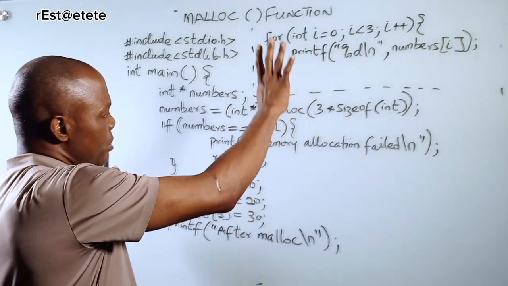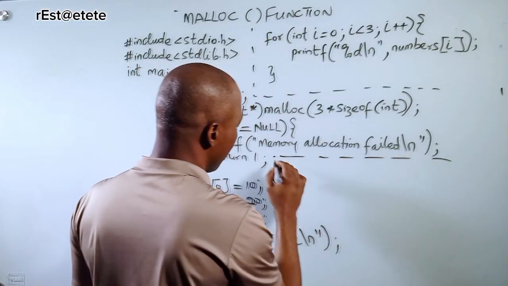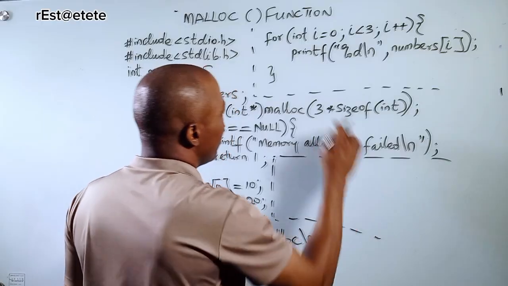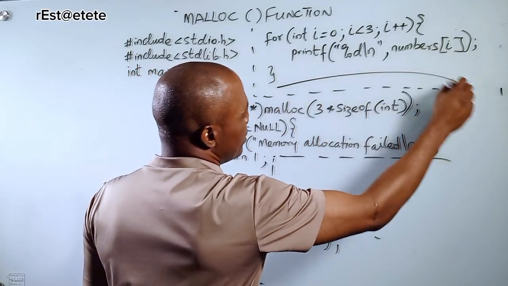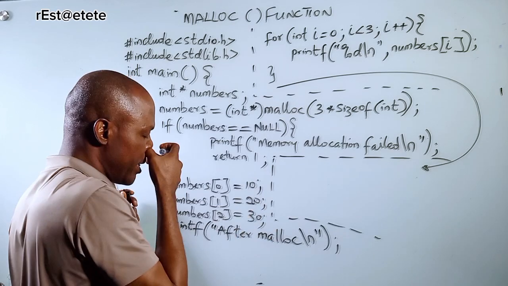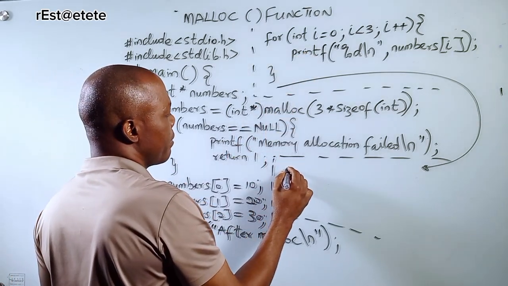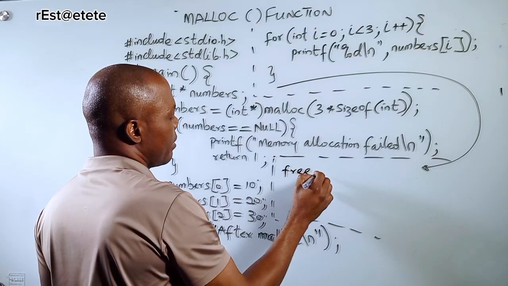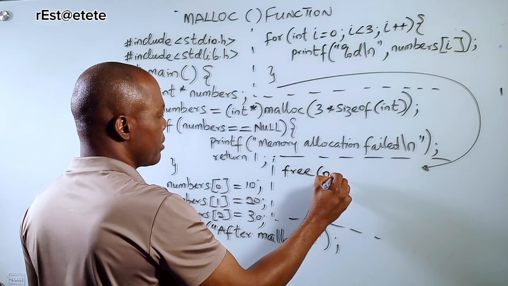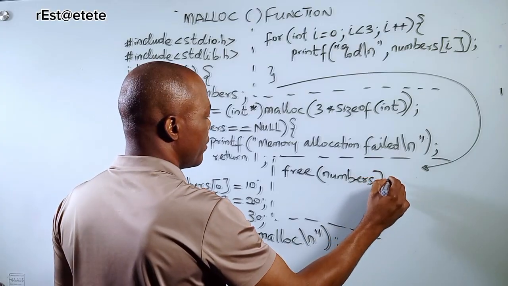Okay, now my program is not done. Because of space, I'm just managing. So I will come here again. What should be under this place is what I'm going to write here. After printing this out, I will say free(numbers).